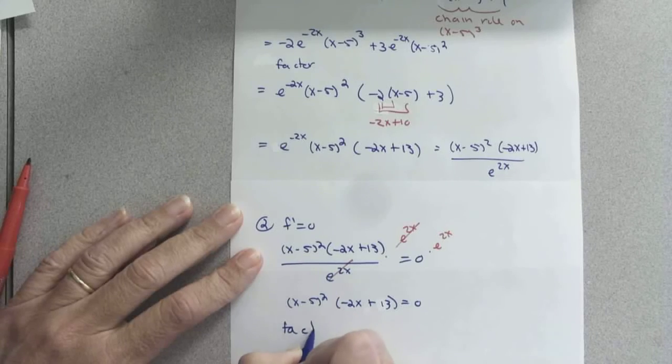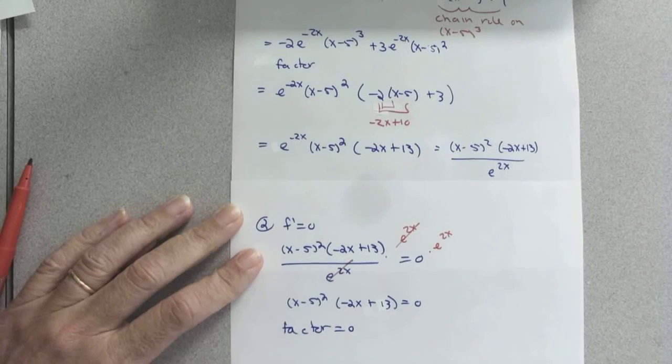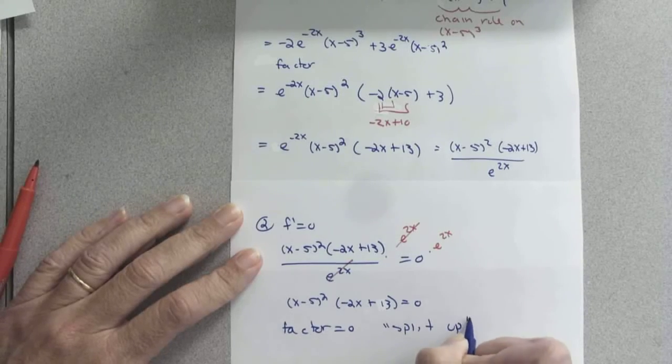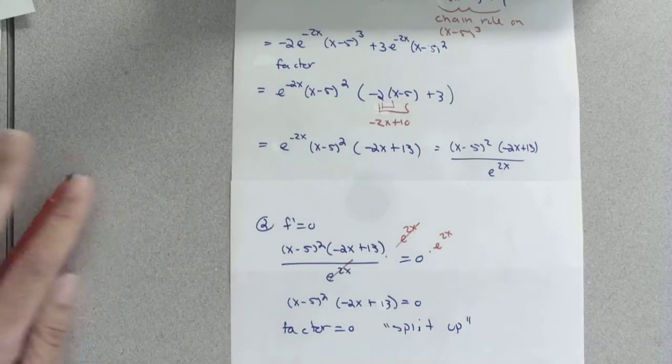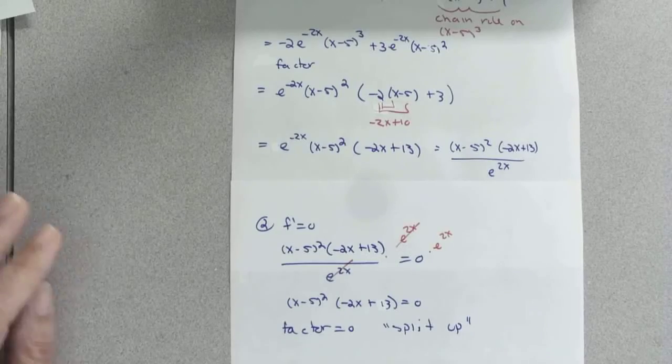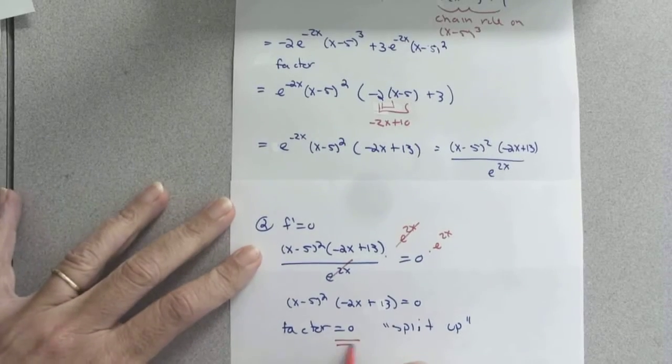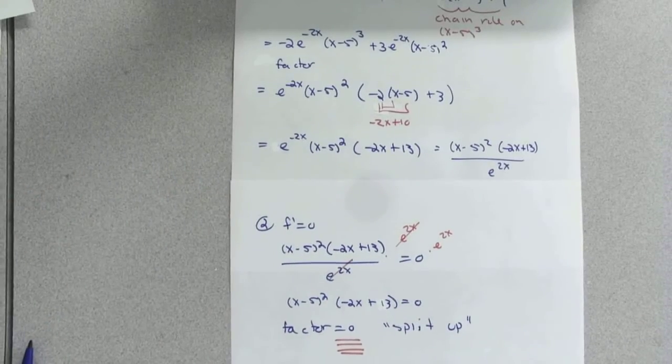This is factored equal to 0, so it's legal to split up. Only legal to split up when it's equal to 0, because of the zero factor theorem that says if two numbers multiply to be 0, or more than two numbers multiply to be 0, one of them must be equal to 0. But incredibly important, it is equal to 0.